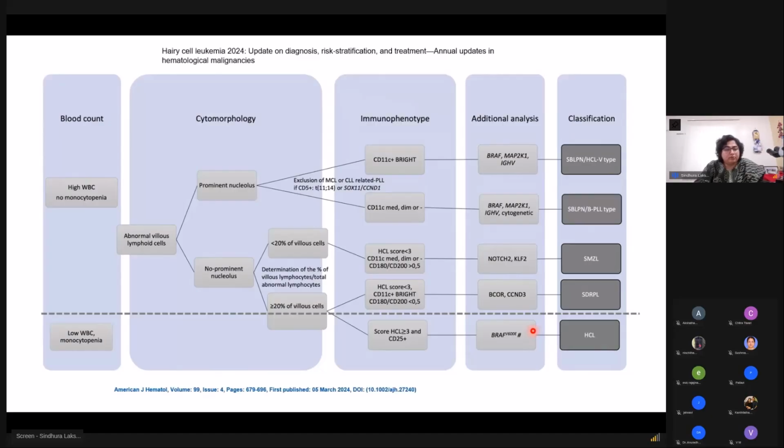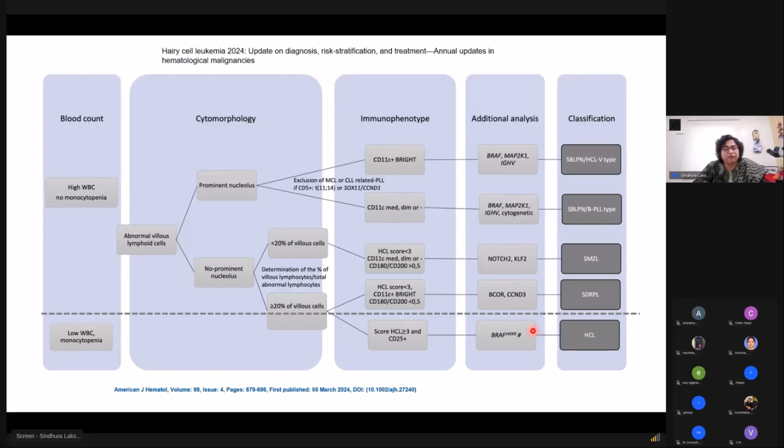The patients can present with high WBC count or low WBC count, with or without monocytopenia. Now, the first thing you have to look at is the morphology.